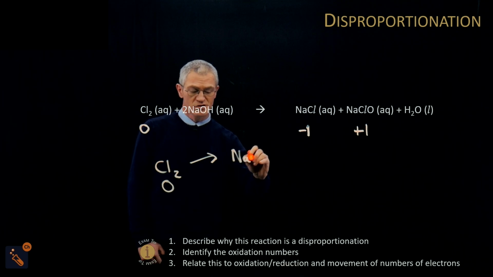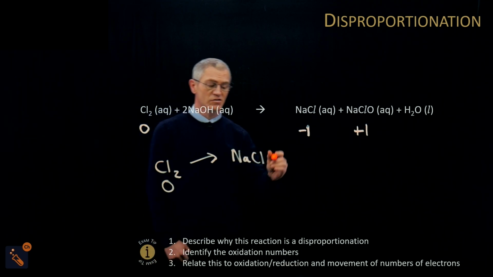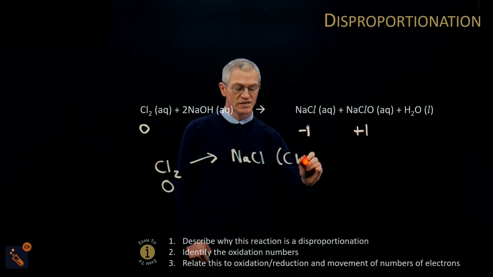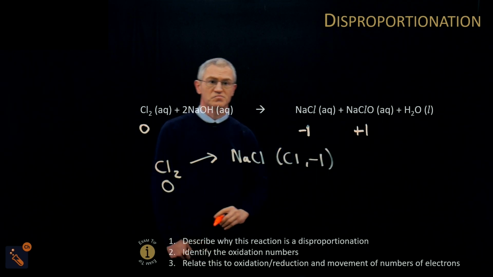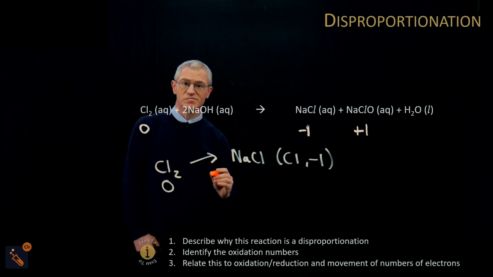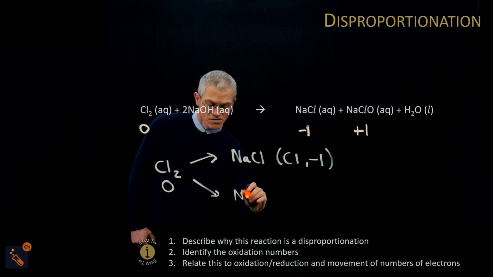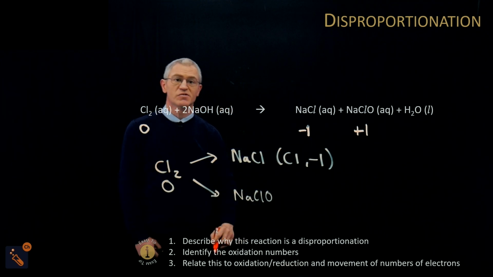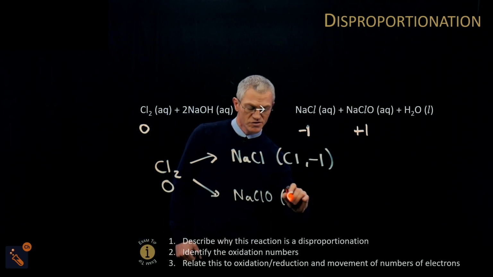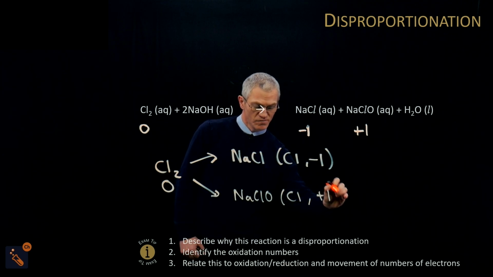In our sodium chloride the chlorine is -1, and then we go from there to the other one, where the chlorine within there is +1.